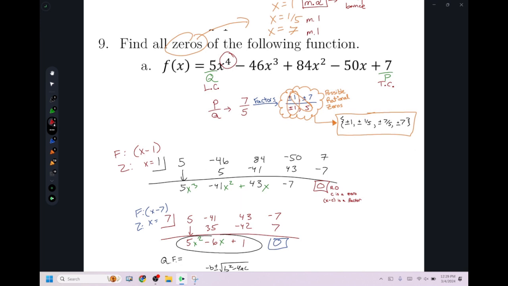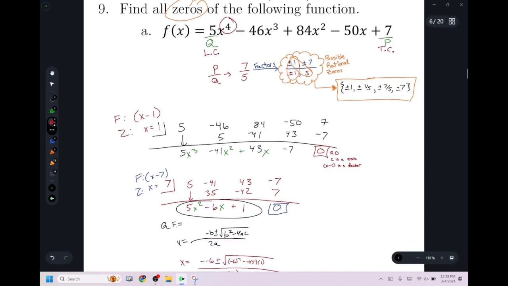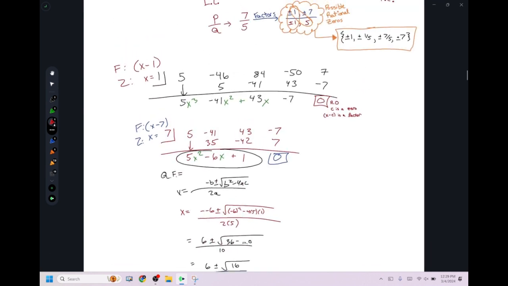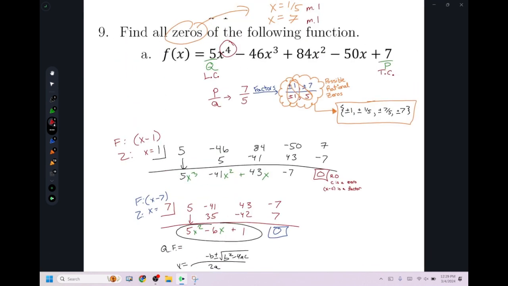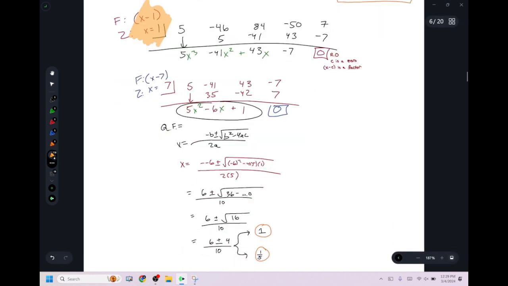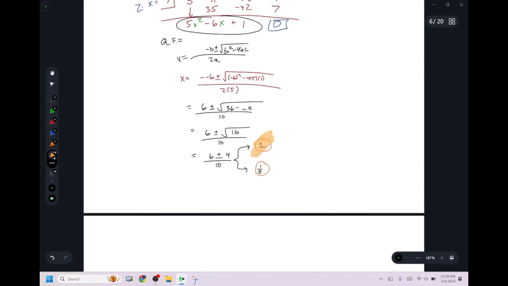Wait, how do we know that x equals 1 has a multiplicity of 2? Good question. When you did synthetic division right there, you did 1, and then boom, and then let's go to the bottom, and then boom, you see it again. So that's twice it did. Well, what about this one? 1/5 only came up one time, right?